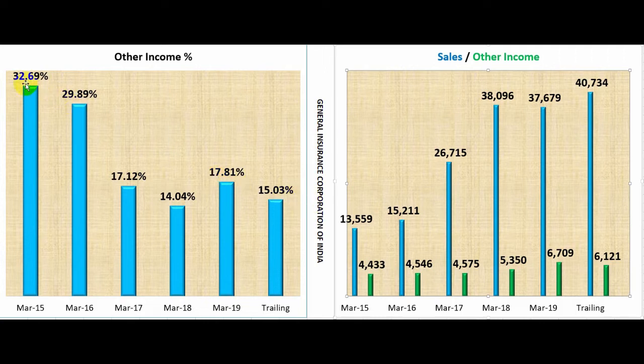So most of the income is coming from the other income. In the recent 12 months, 6,121 crores has come through the other income, over and above the revenue of 40,000 crores generated in the recent 12 months. That's 15% coming from the other income.